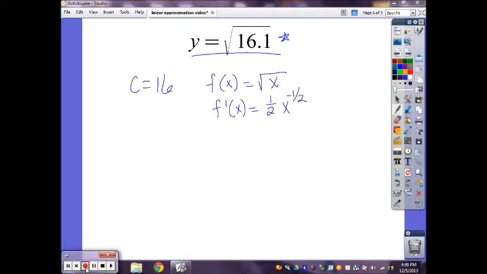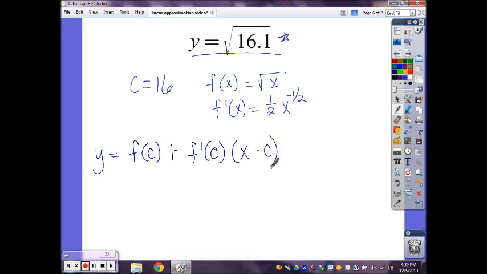So our formula for linear approximation is y equals f of c plus f prime of c times x minus c. And once I plug in all the information I have, f of c would be the square root of 16, our c value. So that would be 4. F prime of c, well, f prime of x is 1/2 x to the negative 1/2.